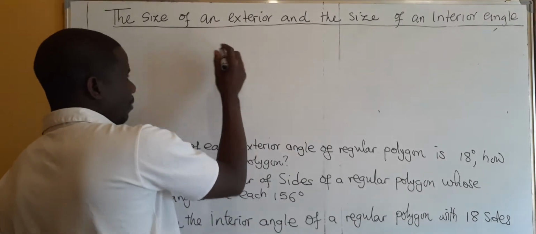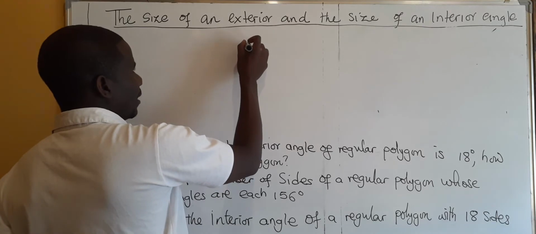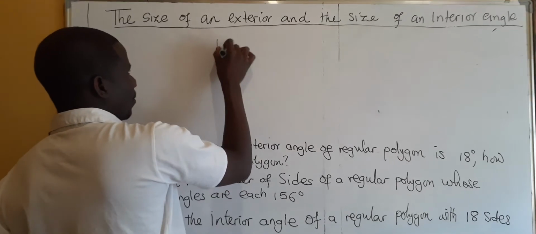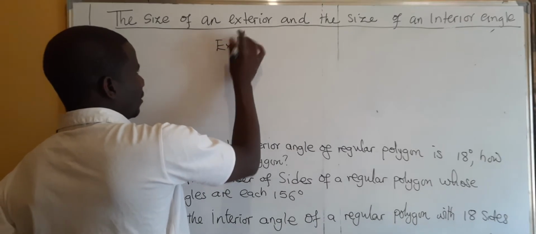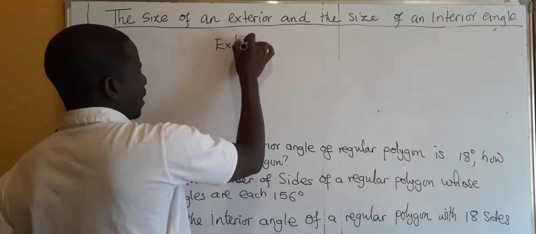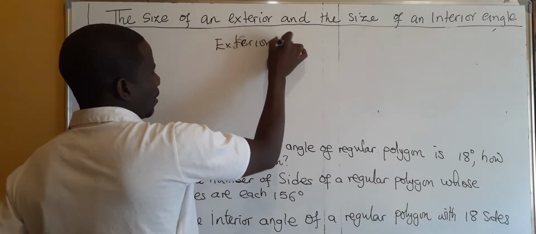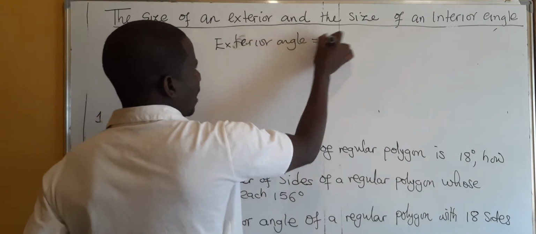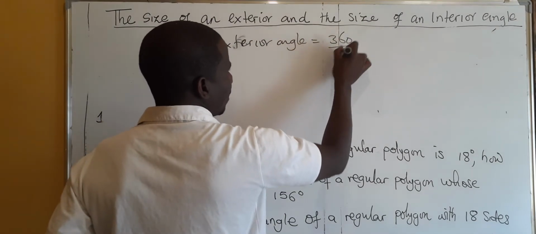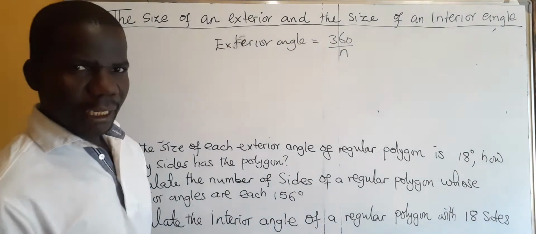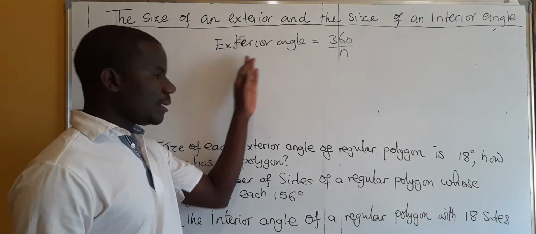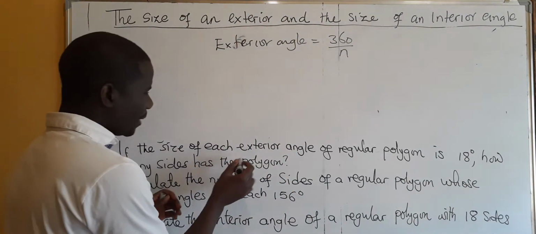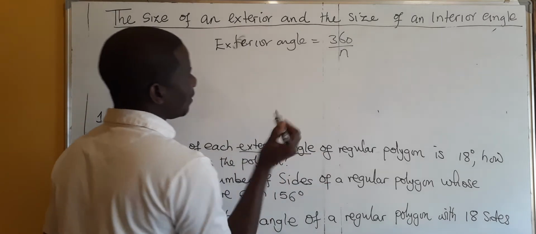So here we are talking about the exterior angle. Now pay attention. When you read this question, what have we been given? The exterior angle has been given here.